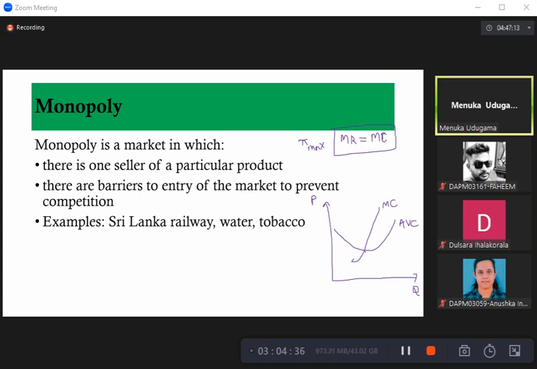Now we have the cost curves. We also need to draw the revenue curves. Now this is the average revenue curve. The average revenue curve of the firm is actually the demand curve.